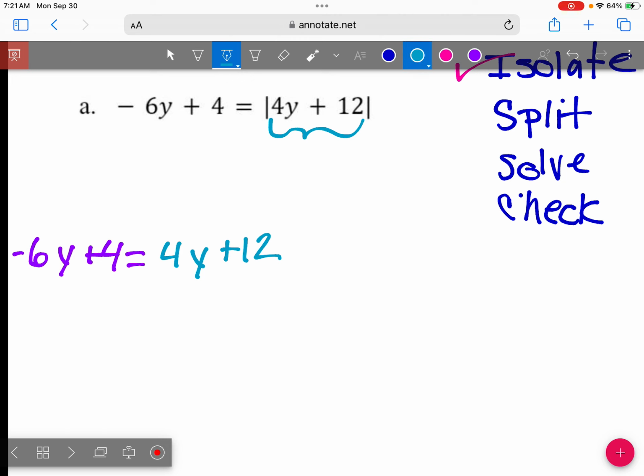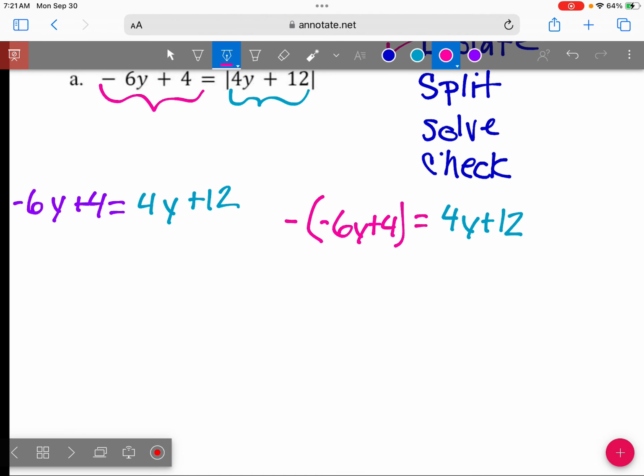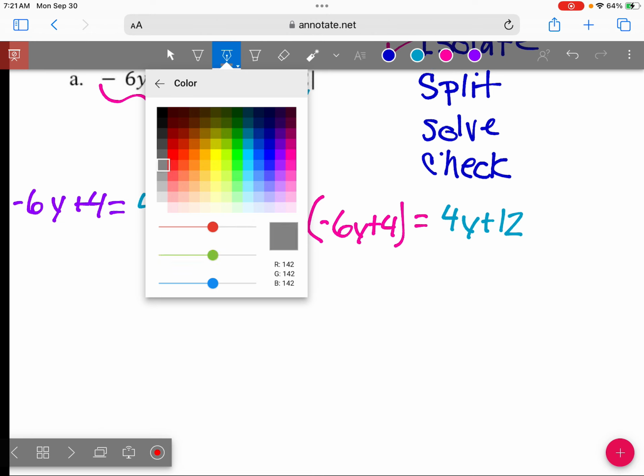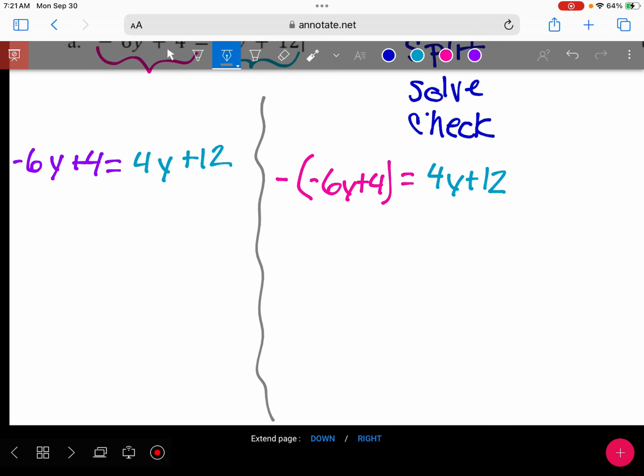Or my 4y plus 12, this piece does not change, could equal the opposite of this, where it's negative on the outside of the whole thing, 6y plus 4. So that's how we split it. This is our two different options, one that is negative and one that is the positive version of it.